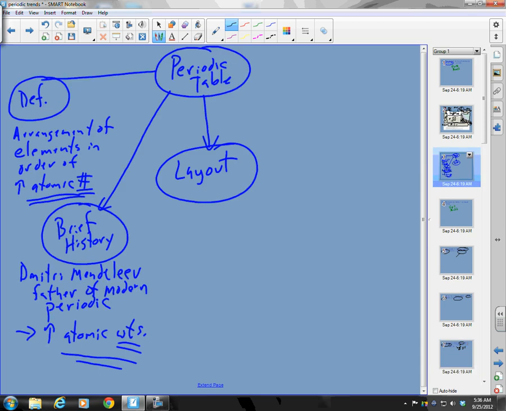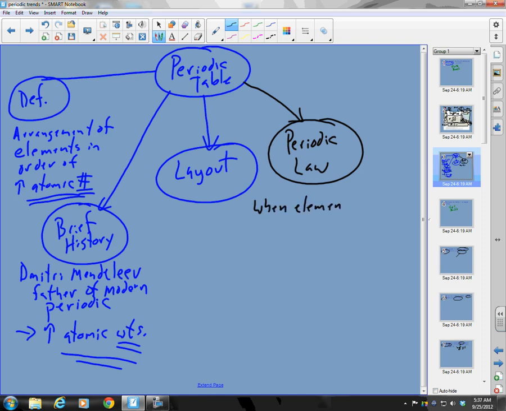There's something here called the periodic law. Now I recommend that you memorize this, pretty much word for word. The periodic law, here it is. When elements are arranged in order of increasing atomic number, that's the way the periodic table is arranged, isn't it?